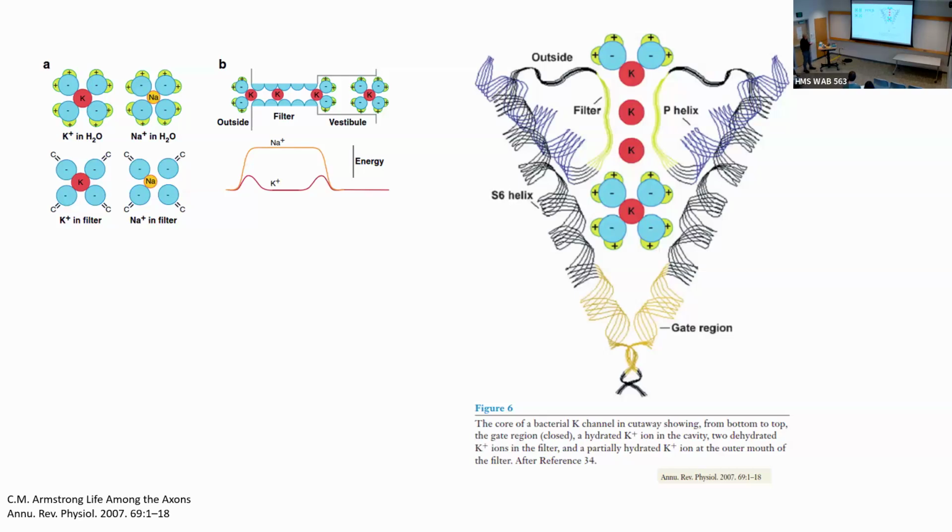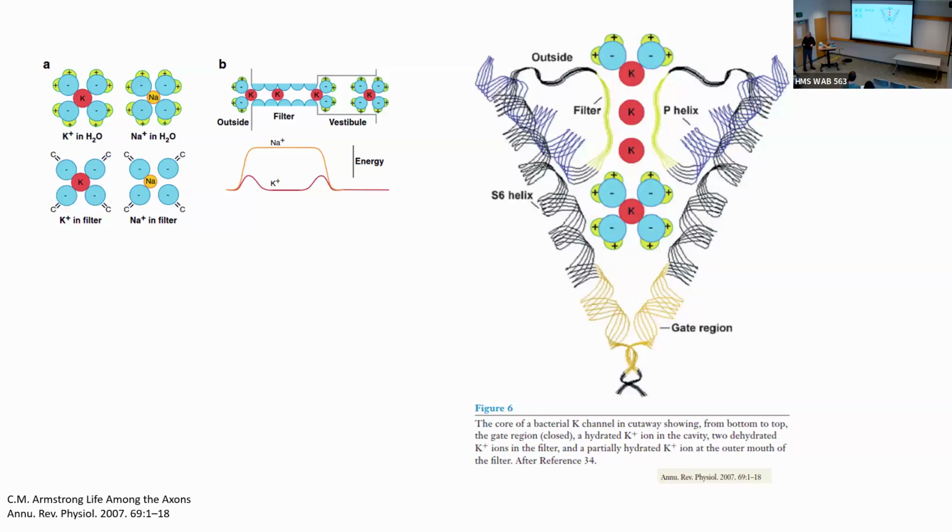And so here's the way that Armstrong had imagined that the potassium channel would discriminate between the potassium ion and the sodium ion. His idea was that the potassium ion would just fit into the filter of the channel.